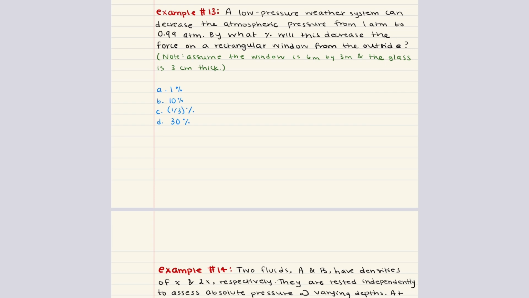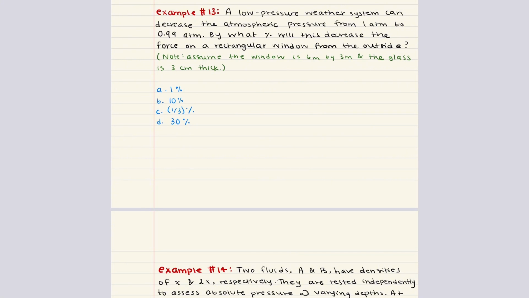Now, this question is a simple application of the definition of pressure. Pressure is equal to force per area. If pressure decreases by 1%, like we see here, going from 1 atmosphere to 0.99 atmosphere, and the area doesn't change, then the force will also be decreased by 1%.